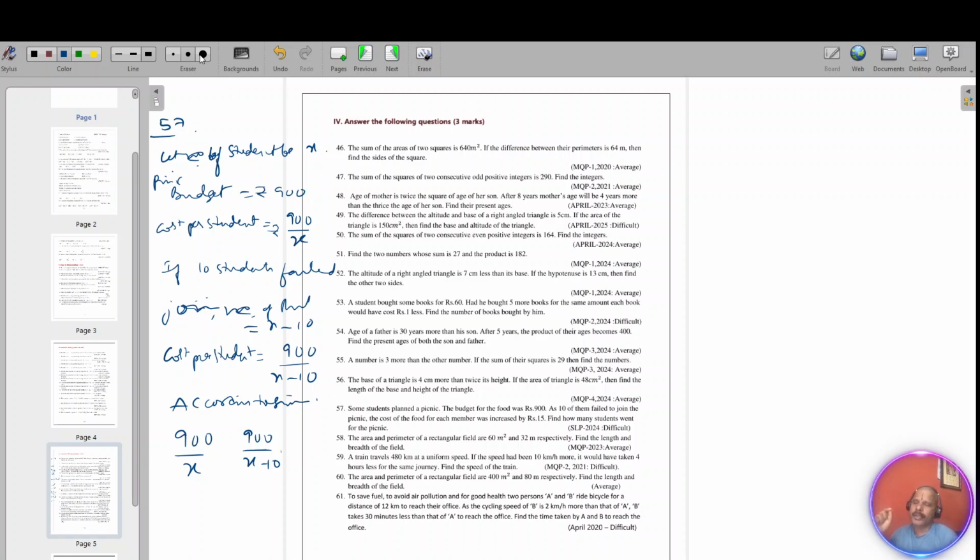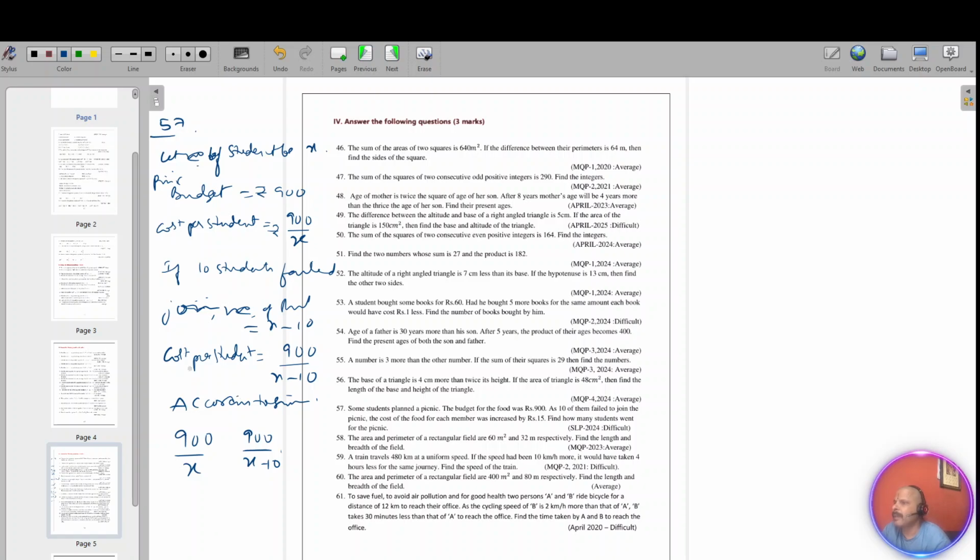When this 900 by x, 15 rupees more they have to pay, means the cost for each member is increased by 15. Okay.